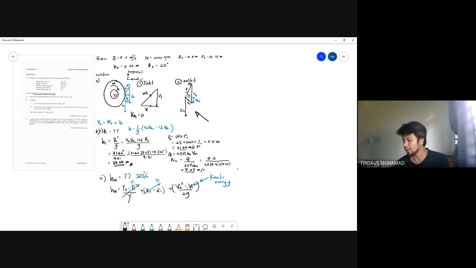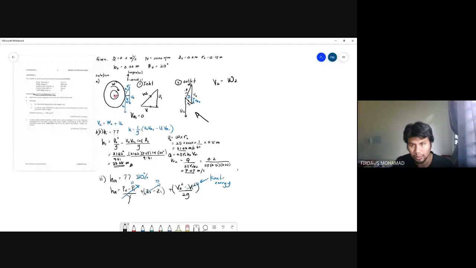Okay, based on velocity triangle, ataupun sama, V2 based on this triangle, you can find V2 also equal to relative velocity W2 tambah U2.